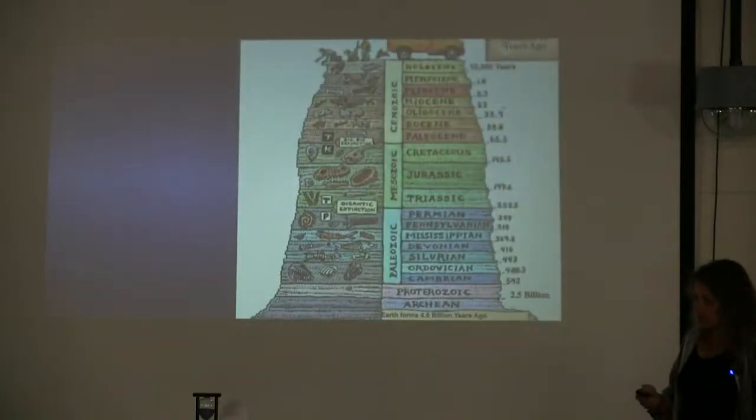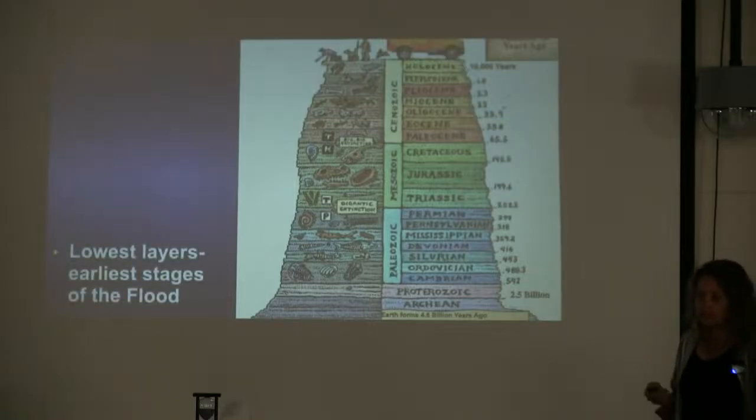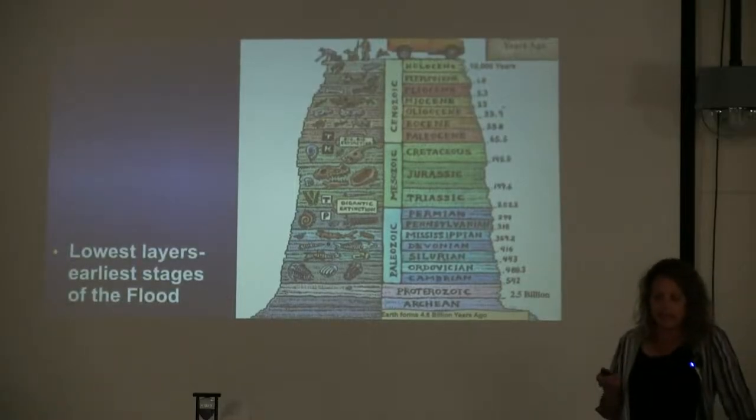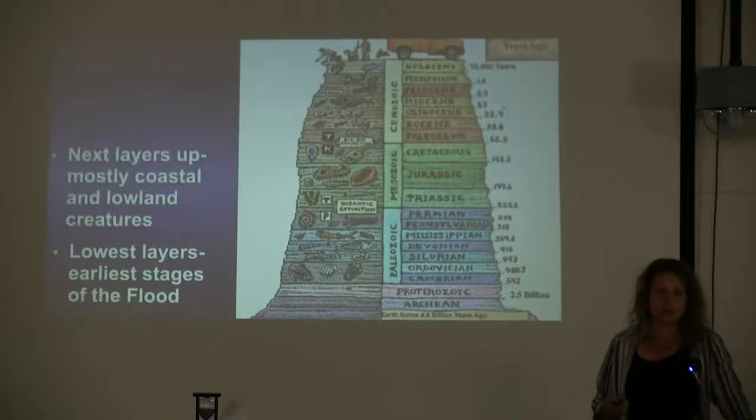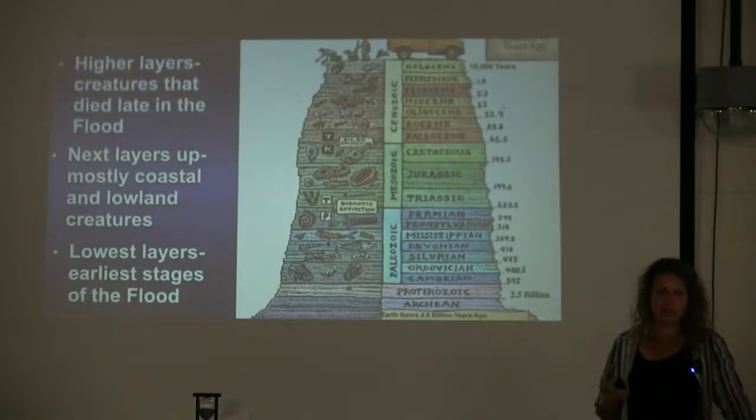So this is the geological column that has all of the different layers, and it's millions of years. But remember from last week, the lowest layers are from the early stages of the flood. And then it goes up. The next layers are the coastal animals, and then the higher creatures died late in the flood. That makes sense of the evidence.